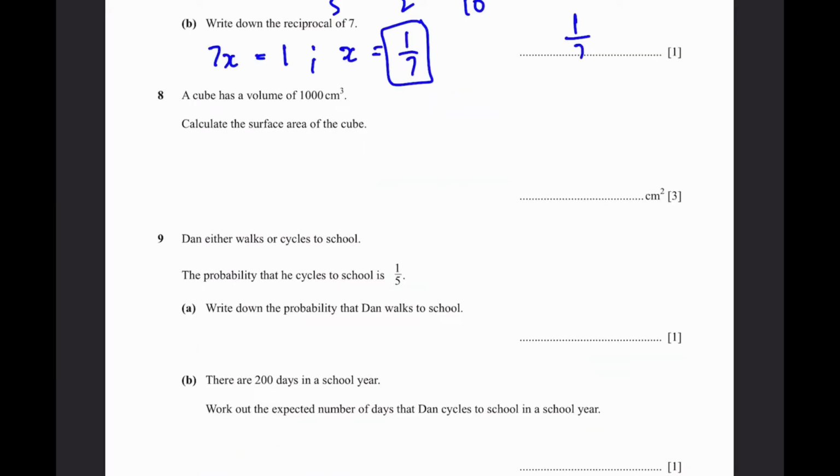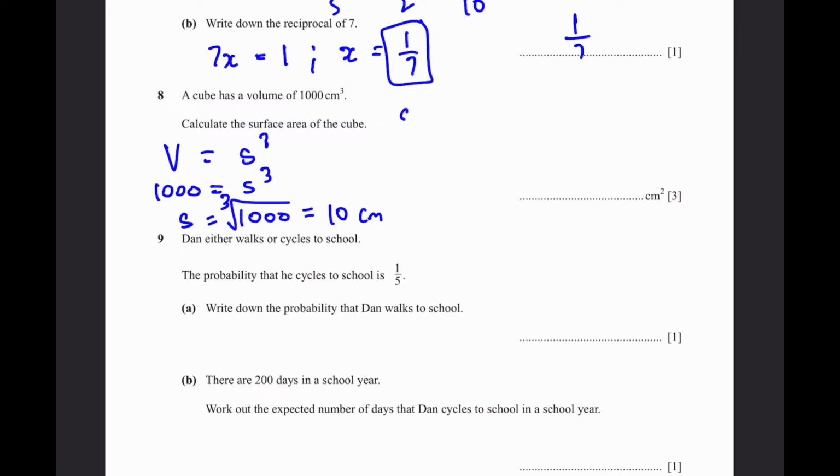Question 8. A cube has volume of 1000 centimeters cubed. Calculate the surface area of the cube. So the volume is actually equal to the side cubed. And 1000 equals side cubed. So the side is equal to the cube root of 1000, which is equal to 10 centimeters.